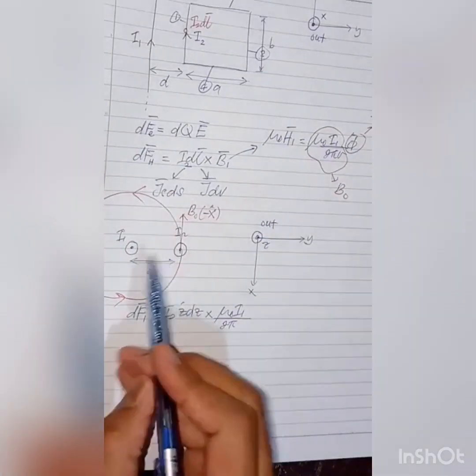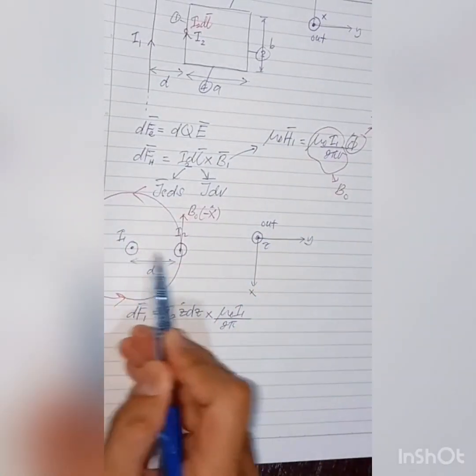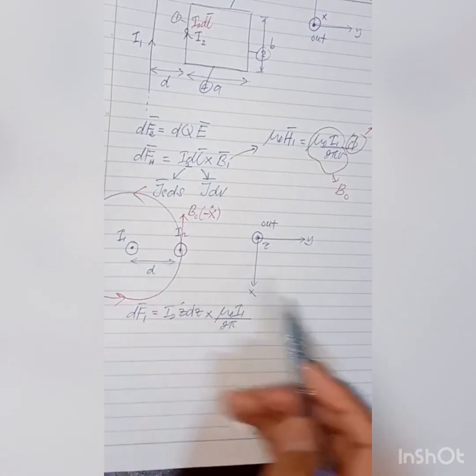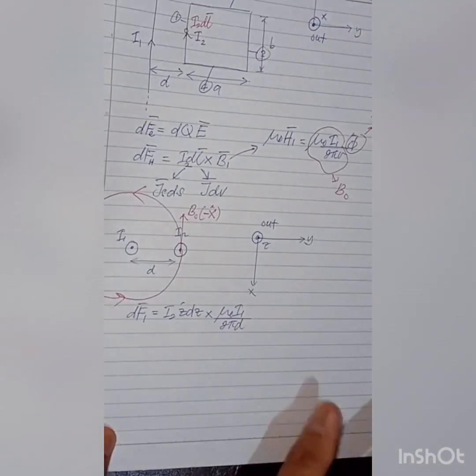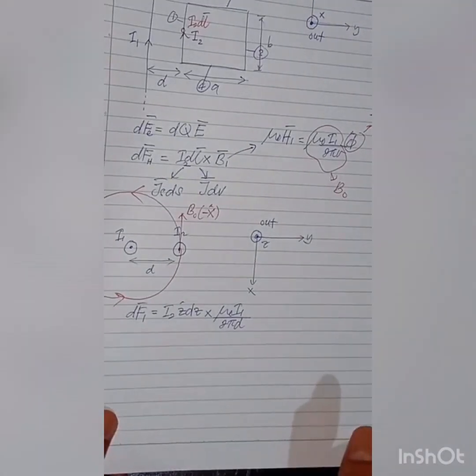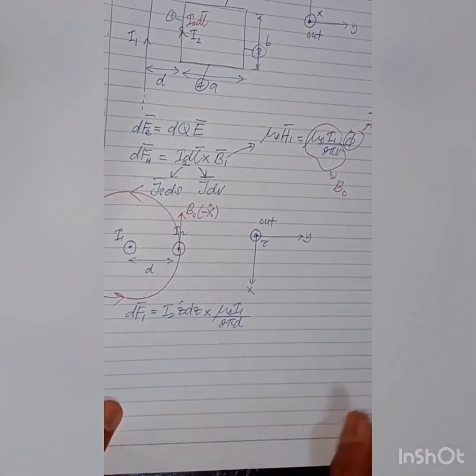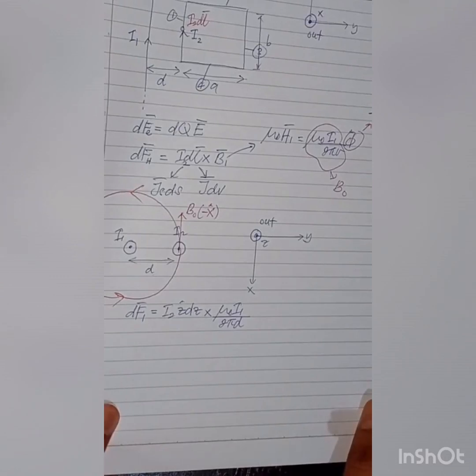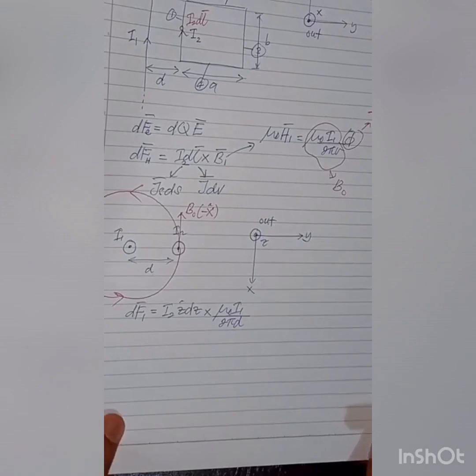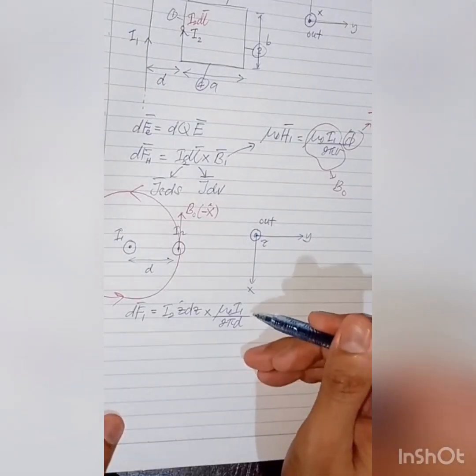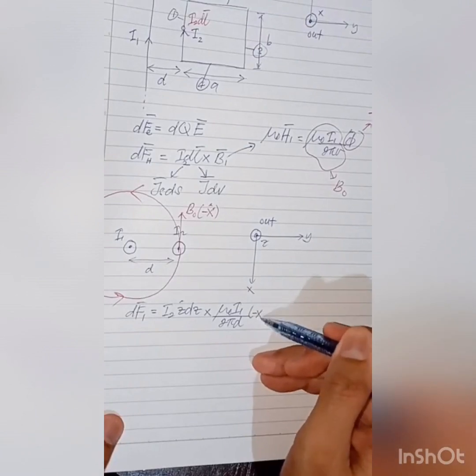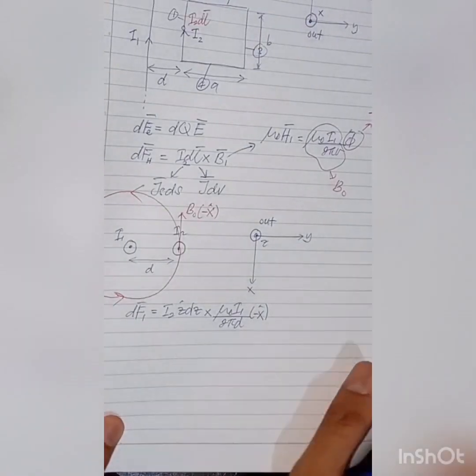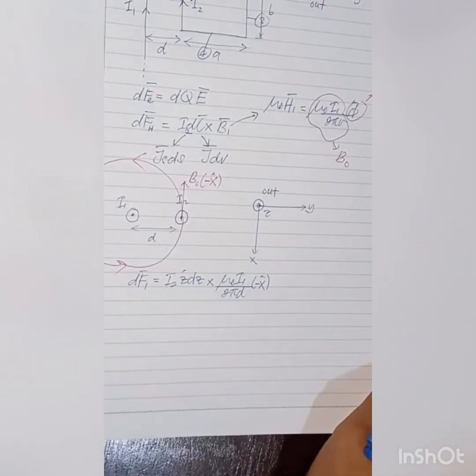In this case our r actually has a value of d, so you can simply put here a d, right? Because the sample or the current element has a fixed position which is at d from the I1, from the source of the B field. So now the direction, since I shown here is negative x, you can put here a negative x straight away. So that's the df equation.